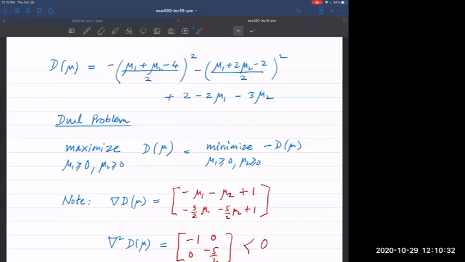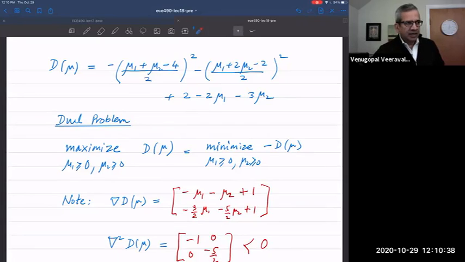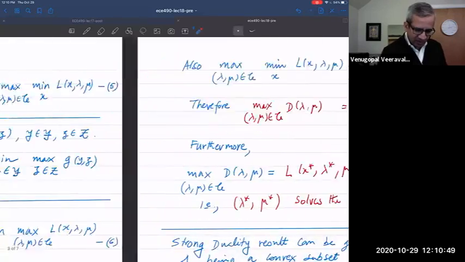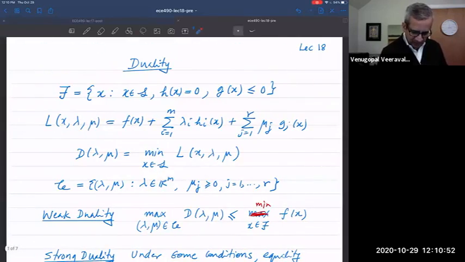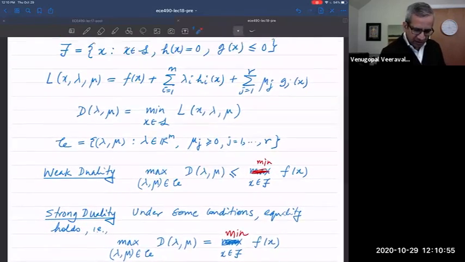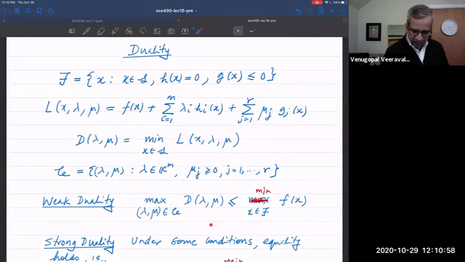What's the difference between strong duality and weak duality from the last lecture again? Weak duality always holds, no matter what type of optimization problem you're looking at. So if you just want a lower bound on the optimum value, you don't even have to solve this maximization problem.